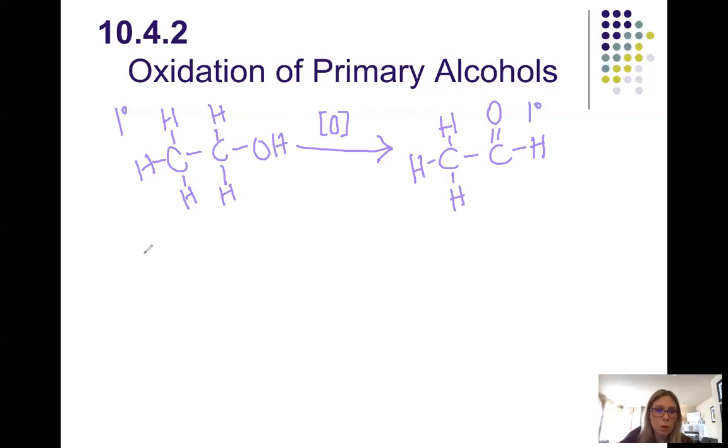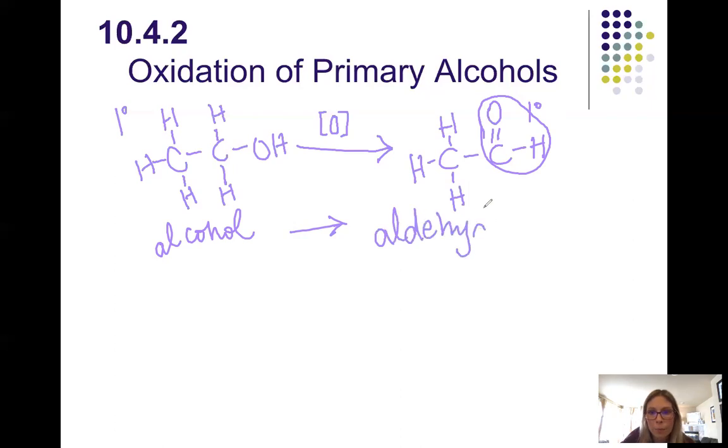Well, this is our primary alcohol, and with the oxidizing agent, it got converted into this type of compound over here, which, if you recognize from my question a few slides ago, is an aldehyde. So a primary alcohol can get converted directly into an aldehyde.